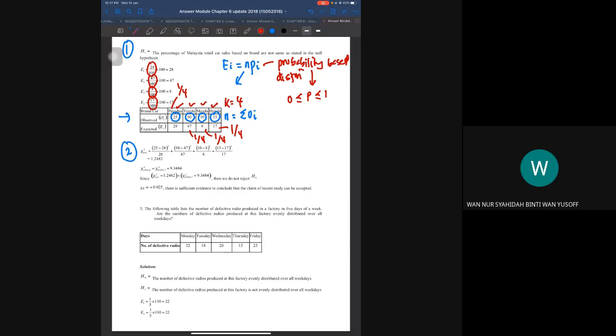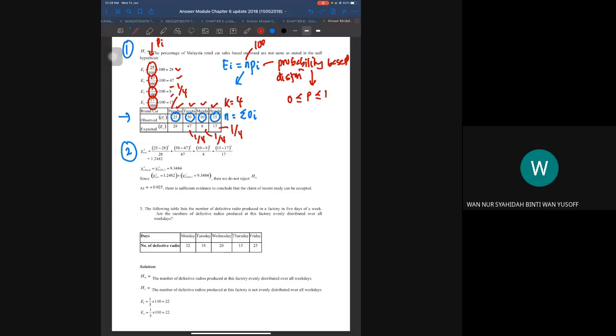So that's your pi. Then multiply with the 100, and coincidentally your n is 100 here, so you get back the percentage. So that's your expected frequency.